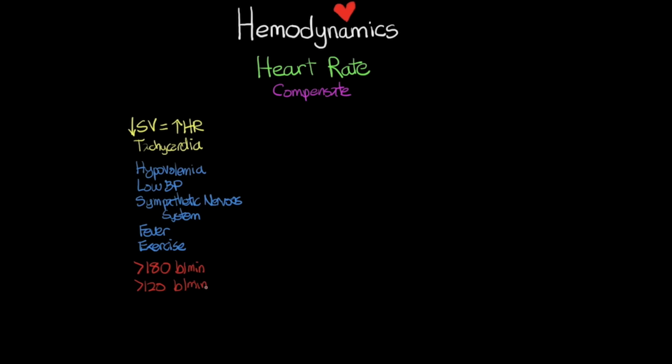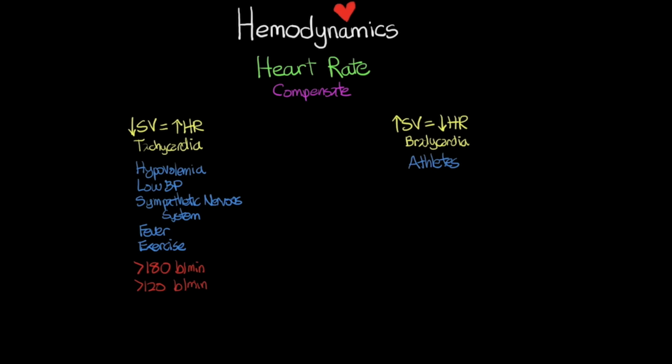So now on the flip side of tachycardia, if we are in a situation where we have an increased stroke volume, this is going to lead to a decreased heart rate, and this is what we refer to as bradycardia. Now, one great example of this we often see in our athletes.